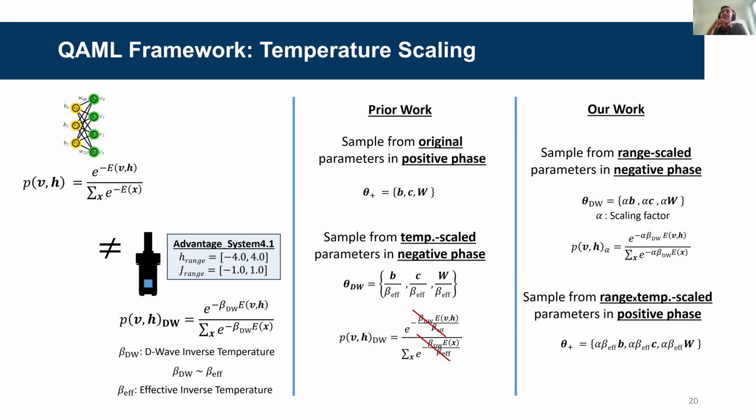We first sample from the range scaled parameters in the negative phase. This is the alpha value, the scaling factor. So you see both terms in the distribution. And then after doing that in the negative phase, we go to the positive phase where we scale with both the range scaling factor, alpha, and the temperature scale value. So here is beta effective. So we have those two scaling factors there.